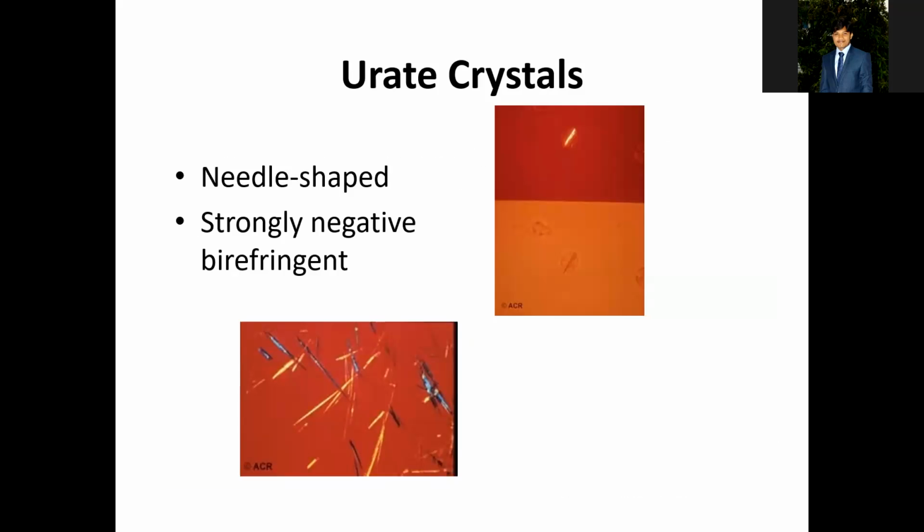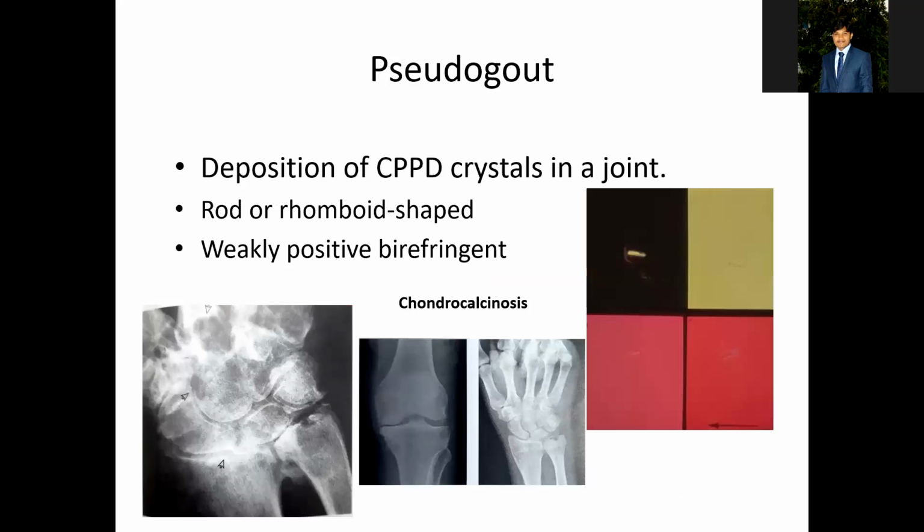Pseudogout is deposition of calcium pyrophosphate dihydrate crystals in the joint. This is the X-ray finding of erosions of the metacarpals of the hand and chondrocalcinosis of the large joints. It is diagnosed with synovial fluid aspiration; rod or rhomboid-shaped crystals are present.